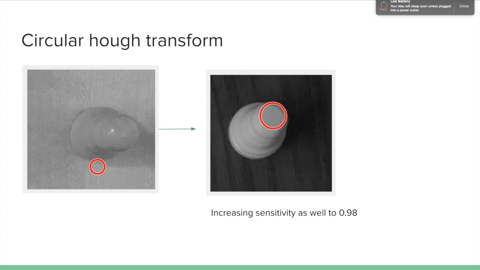And this was my stretch goal, the circular hue transform. In this specific example, I could not detect any circles in this specific image because, for obvious reasons, there isn't much of a circle here to be able to detect.